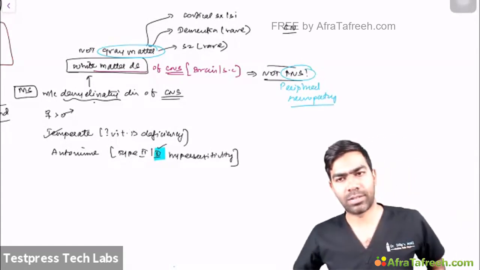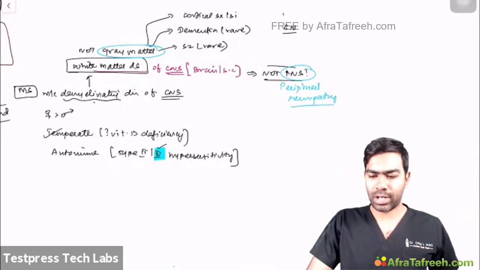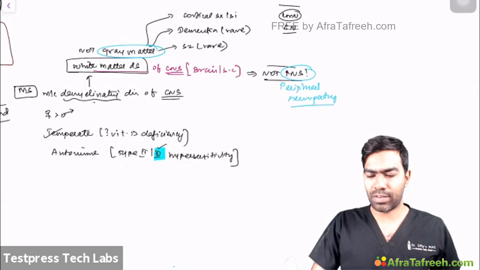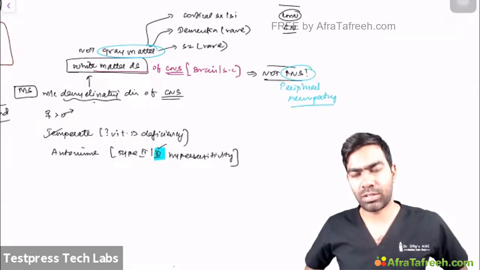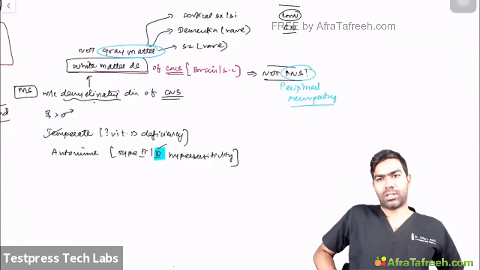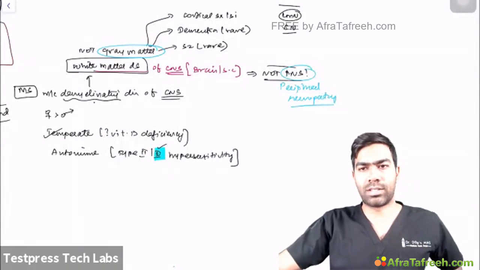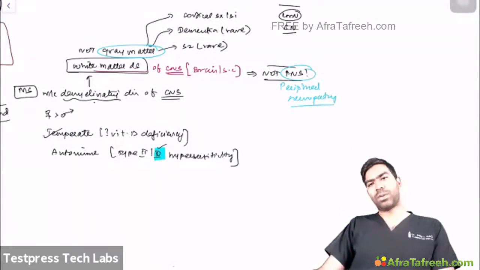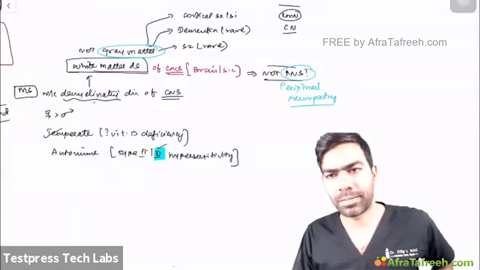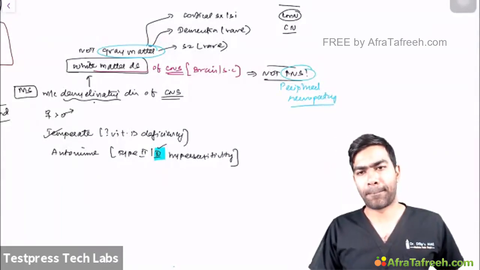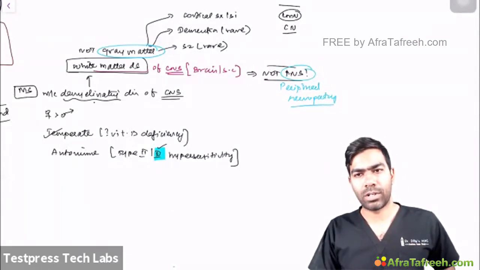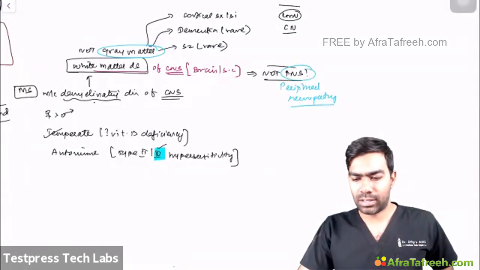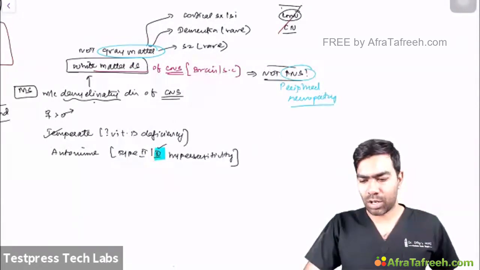Because it's an exclusive CNS disease, will it be there or not? The answer is that cranial nerve involvement is not possible in MS.